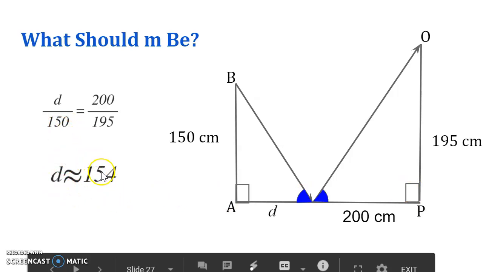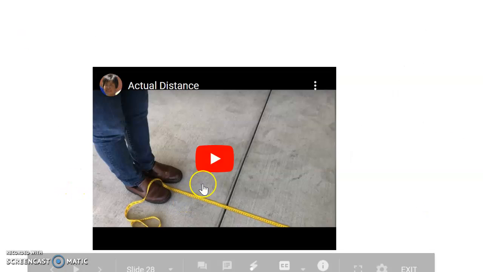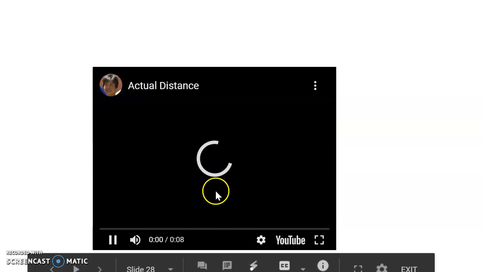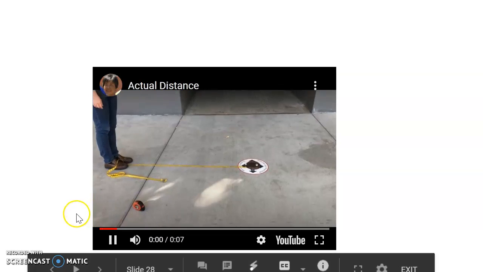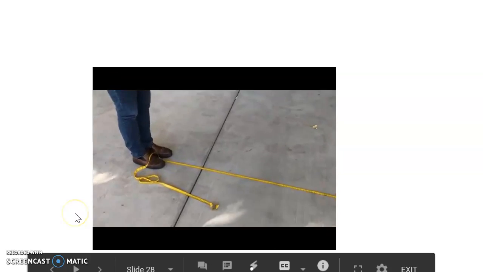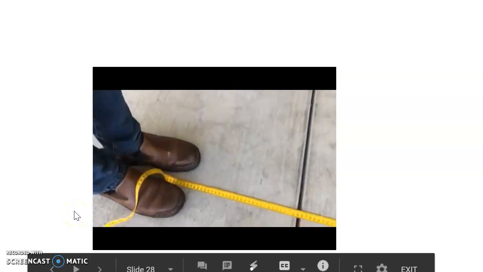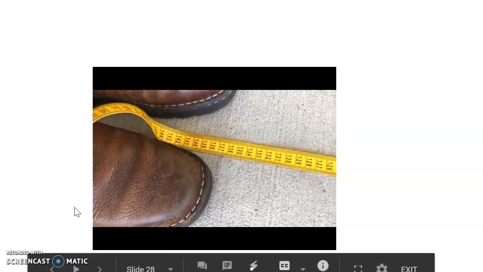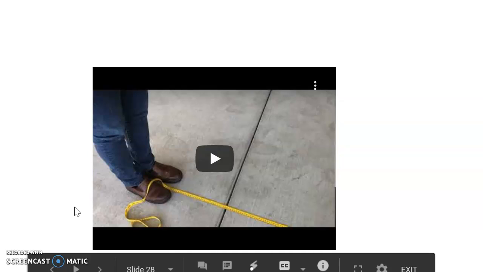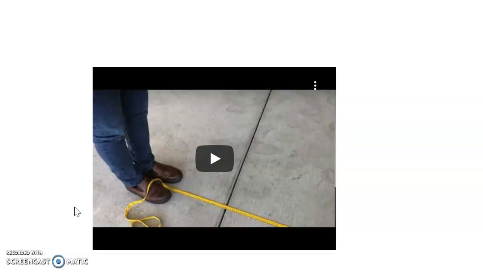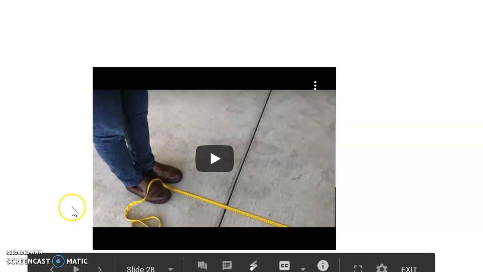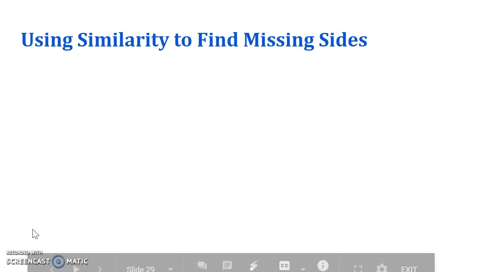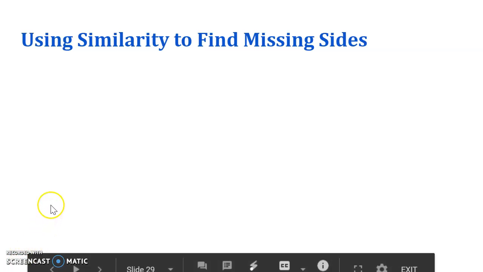Then you cross multiply and solve, and you get D to be about 154. And when we actually measured it, it turned out to be approximately 147, I think.